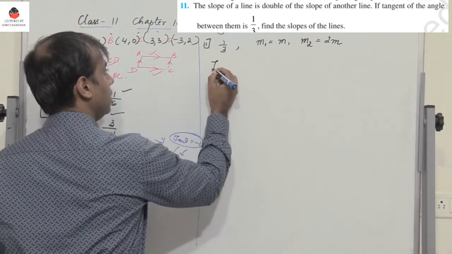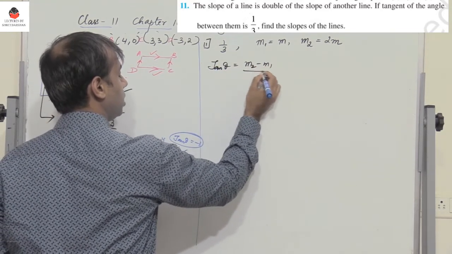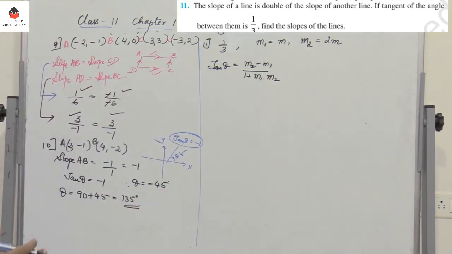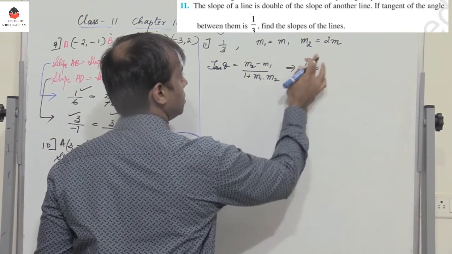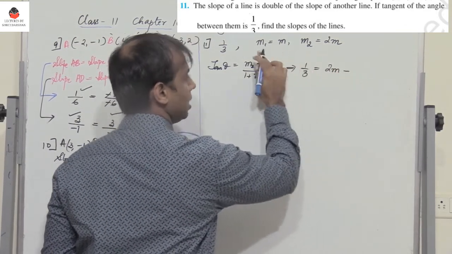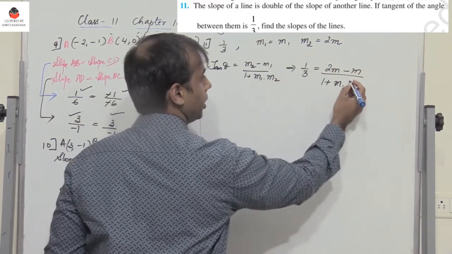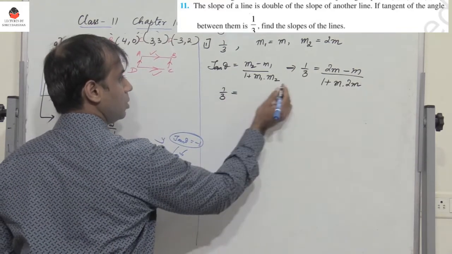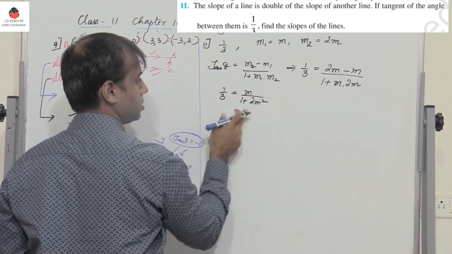We know that tan theta is equal to (m2 - m1) divided by (1 + m1 m2), where m1 and m2 are the slopes of the two lines. So tan theta, which is 1 by 3, equals (2m - m) divided by (1 + m times 2m). So 1 by 3 equals m divided by (1 + 2m squared).